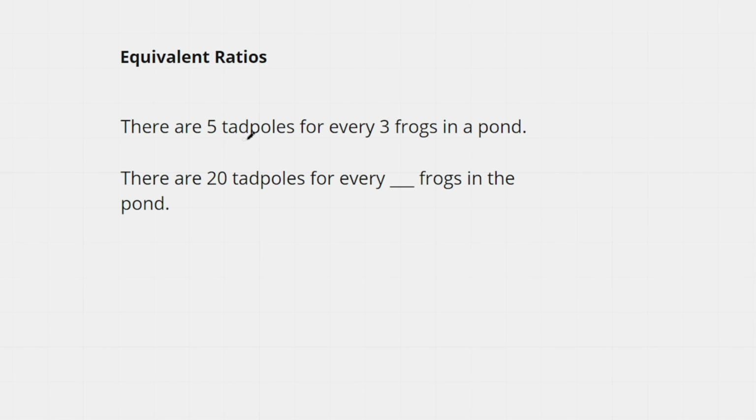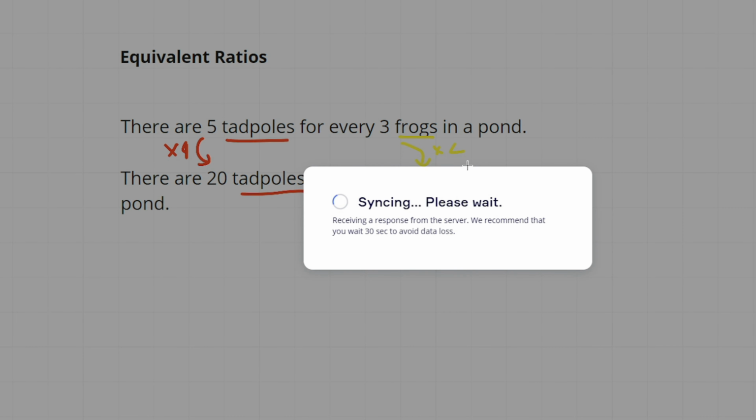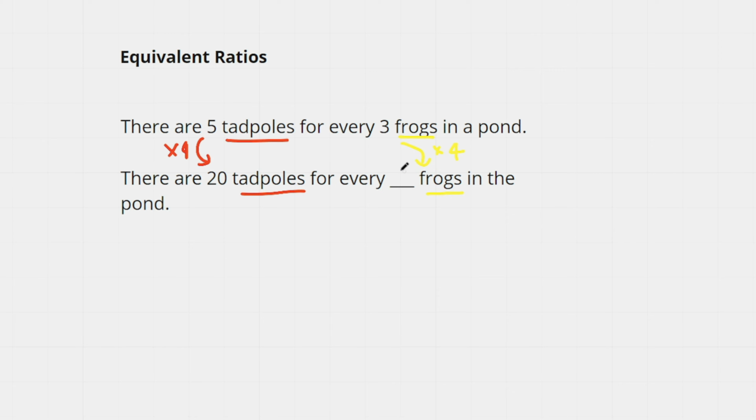Tadpoles and tadpoles: 5 times 4 equals 20. Let's do the same thing to the number of frogs. Frogs and frogs: 3 times 4, the answer is 12.